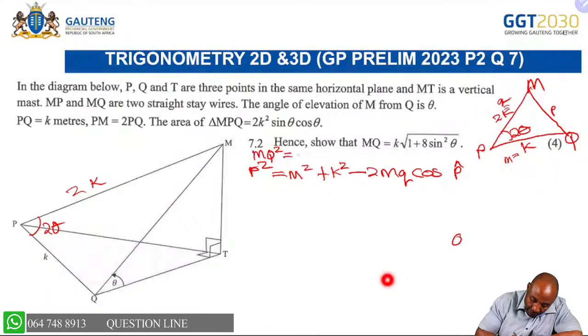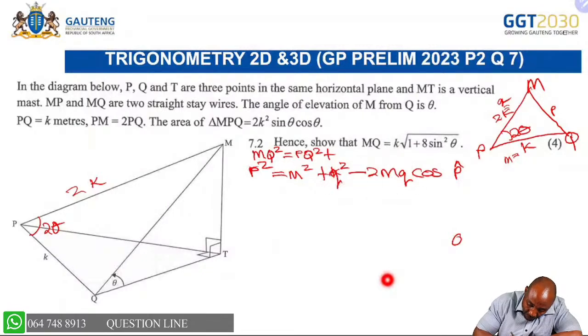This is equal to PQ squared plus PM squared minus 2 PQ times PM cosine of angle P. Oh, I mixed up here.